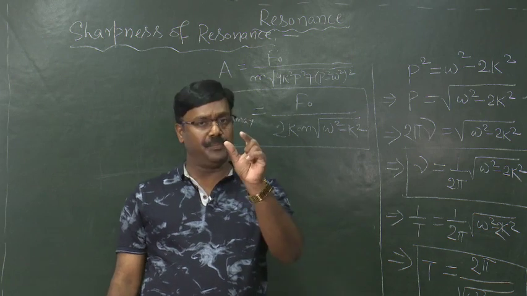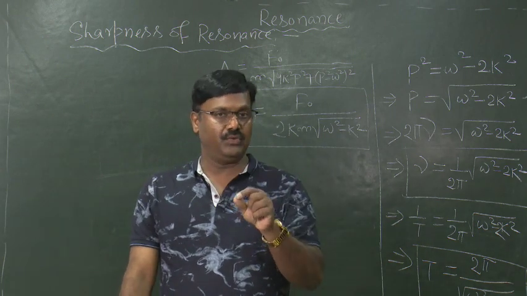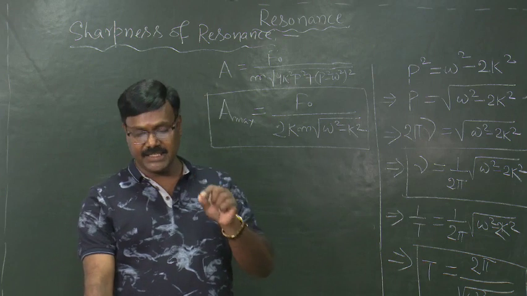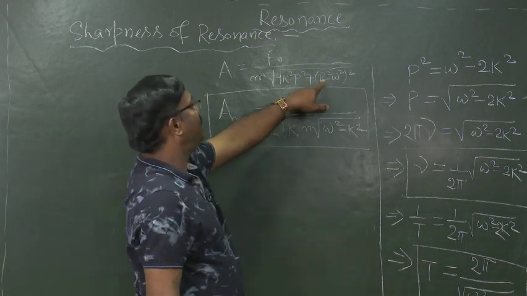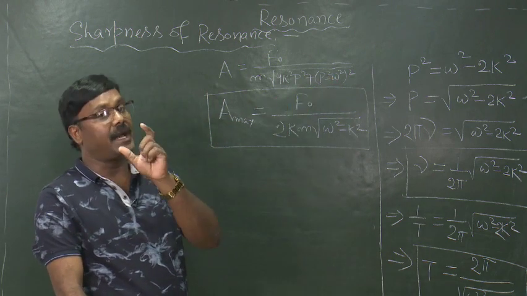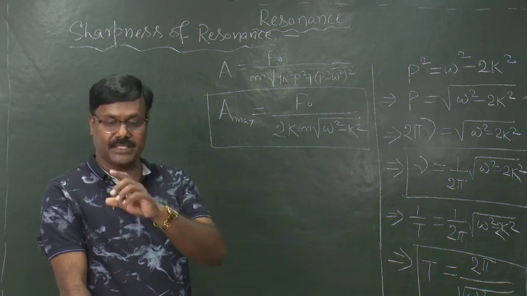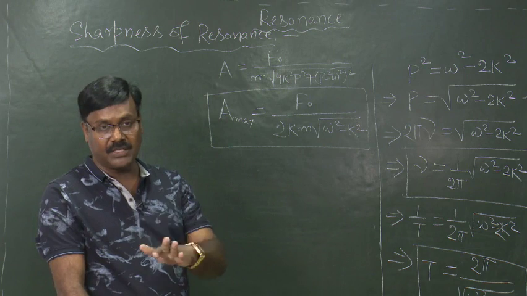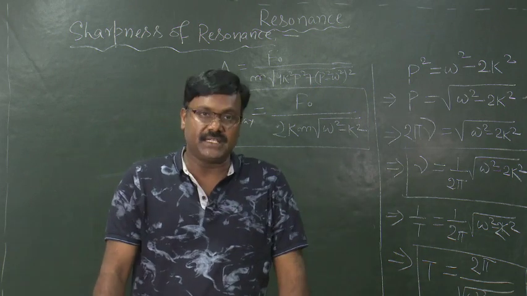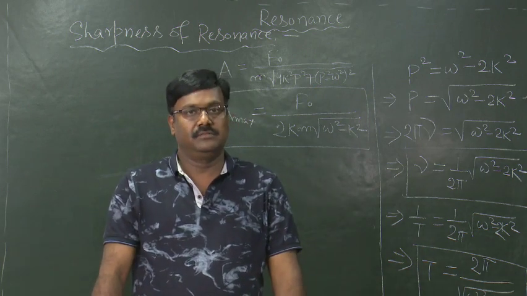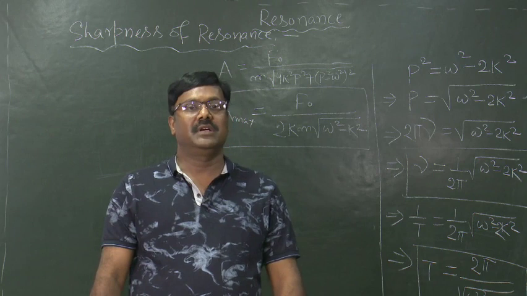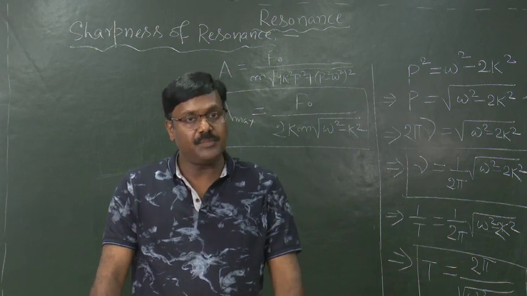Sharpness of resonance represents the rapidity with which the amplitude falls due to an increase in p square minus omega square, where p represents the angular frequency of the periodic force and omega represents the natural frequency of the vibrating body.